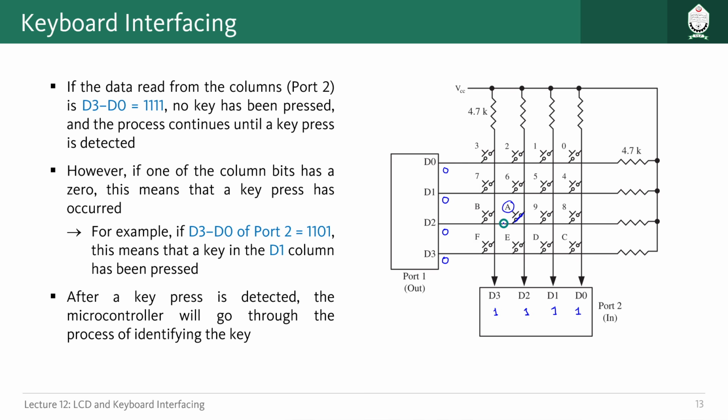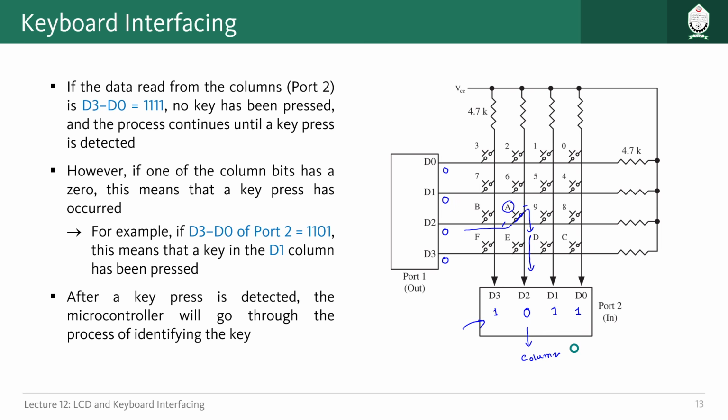As a result, this row and this column are connected together. As a result, this 0 will go through this path to make this one 0, right? So we are trying to detect this change here. If this kind of change happens, we can understand that obviously in this column some change has happened, right?